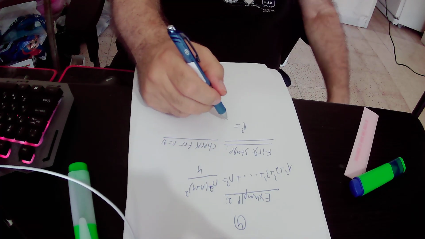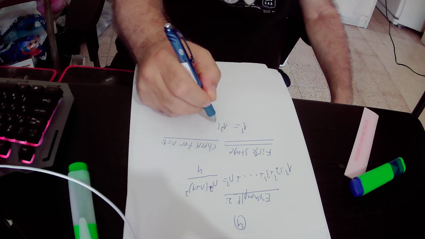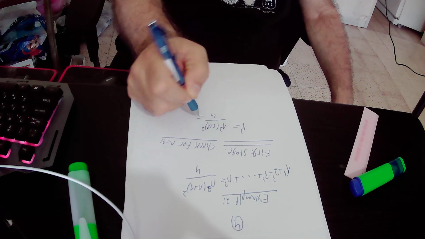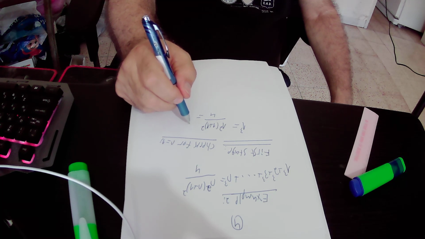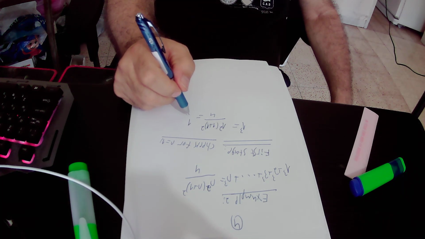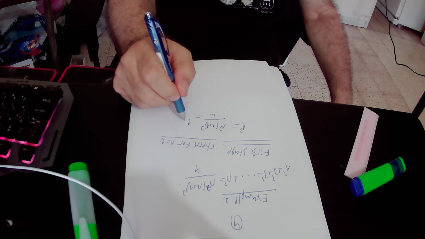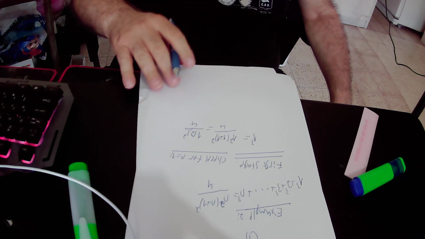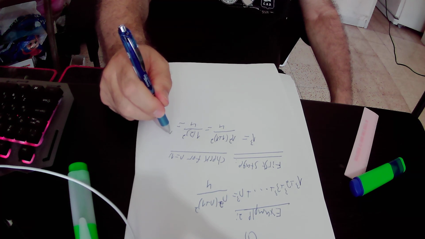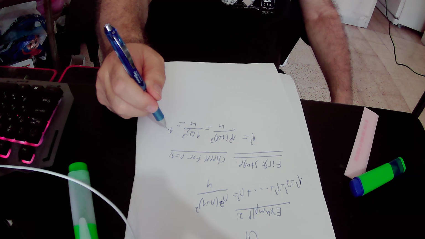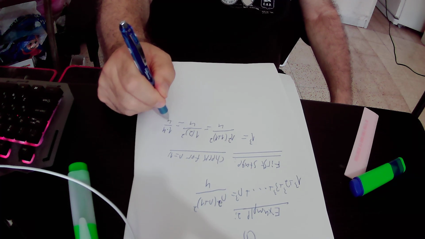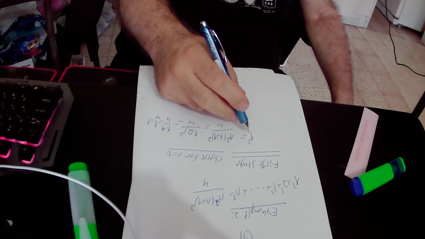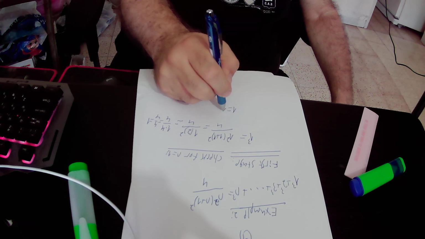So n equals to 1, so it will be 1 squared times 1 plus 1 squared divided by 4 equals to, 1 squared is 1, 1 plus 1 is 2, so it is 2 squared all divided by 4 equals to 1 times 2 squared is 4 divided by 4, so it is 4 divided by 4 equals to 1. 1 to the power of 3 is 1 equals to 1.